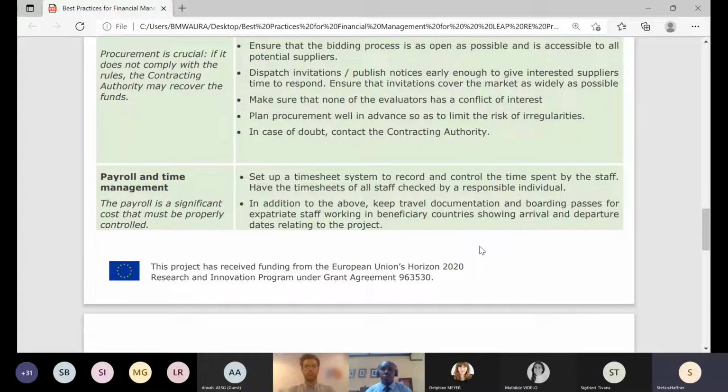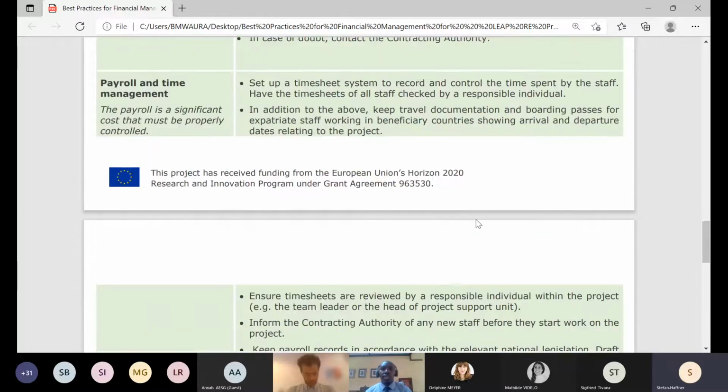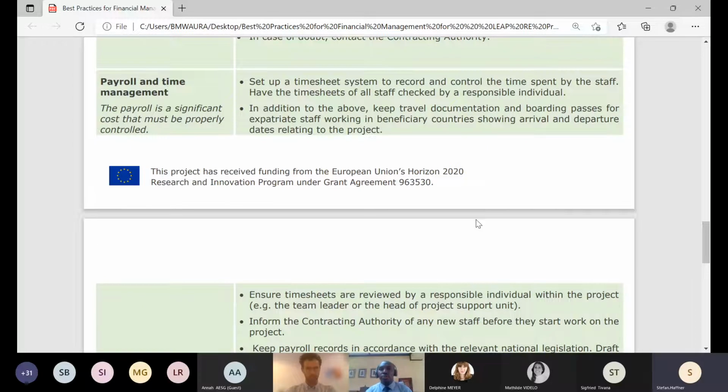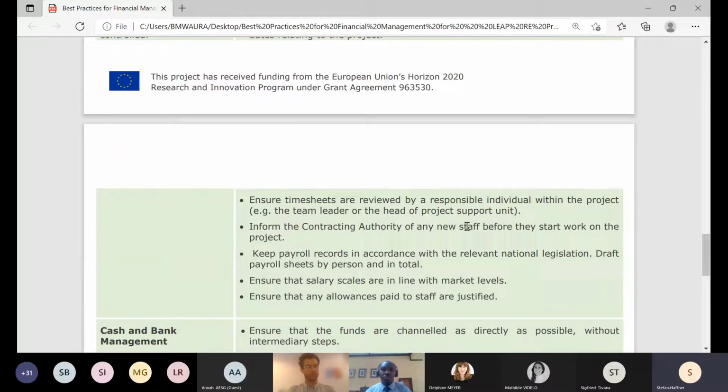And it's good to ensure that timesheets are well approved in time, and these documents are not prepared during the time that you are trying to prepare the financial reports. In addition, for the travel, it's always good for the partners to keep the boarding passes and any other documentation that can be used as proof to confirm that the travel really happened.